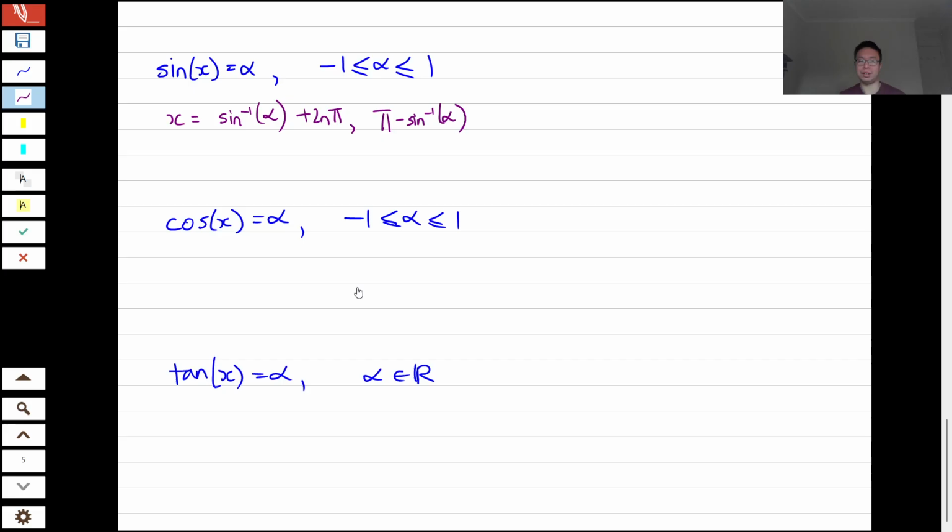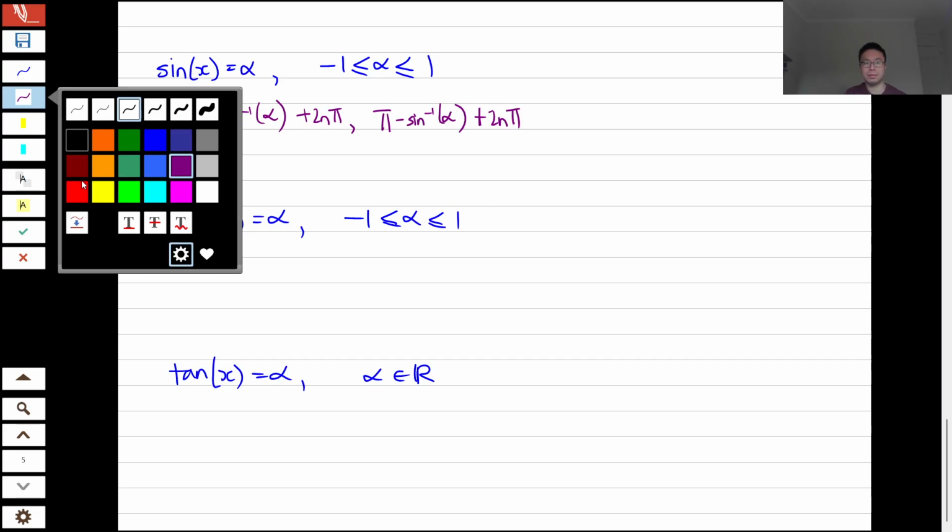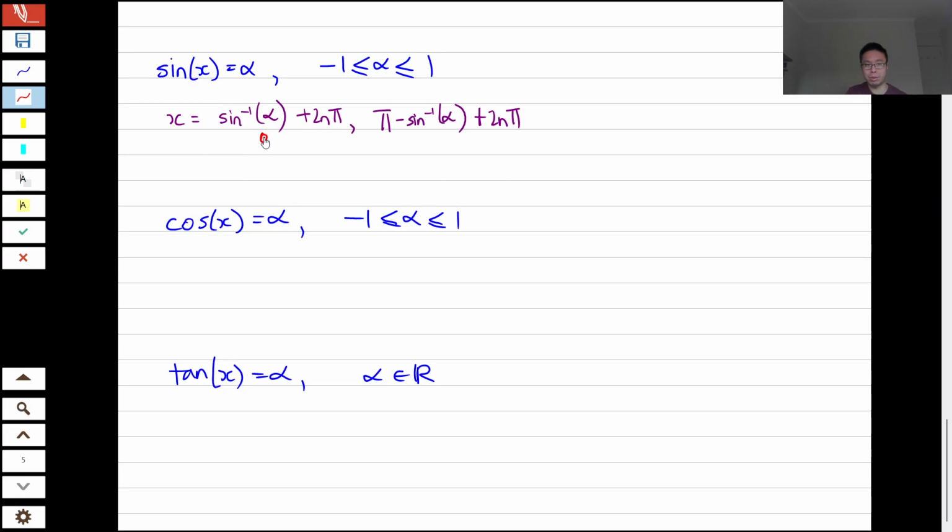That gives me an angle in the second quadrant, and then add 2n pi. So let's say quadrant 1, quadrant 2. Or, more concisely, x equals -1 to the power of n inverse sine of alpha plus n pi, where n is an integer.